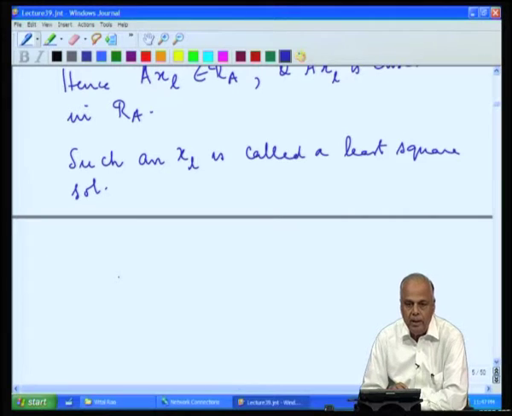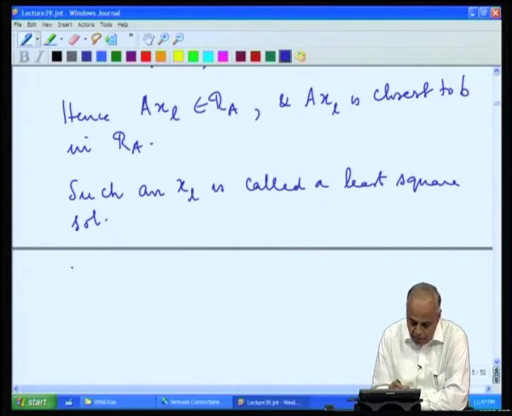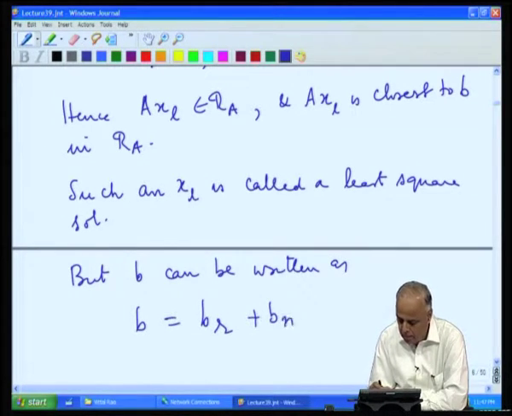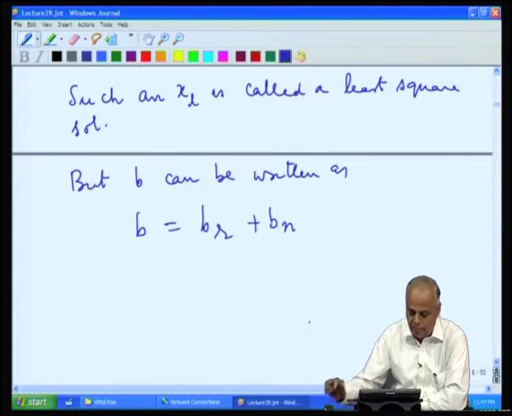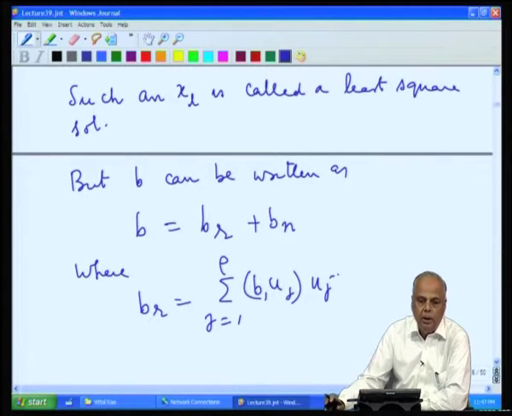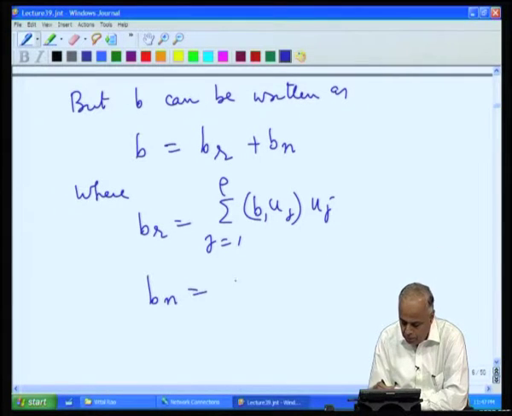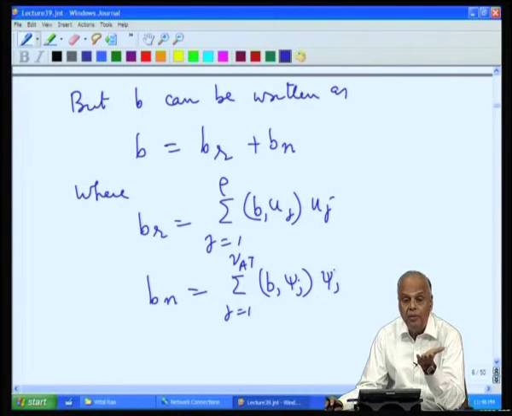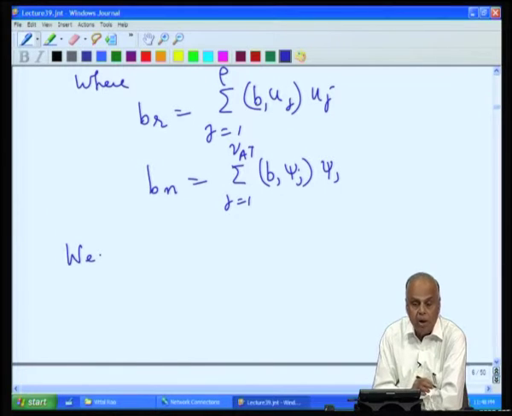We know that Ax_l gets closest to b and it is in the range of A, but b can be written as b equal to b_r plus b_n, where b_r is the projection of b onto the range of A. So, we write b_r, that projection, as sum over j equal to 1 to rho of <b, u_j> u_j, and b_n is the projection of b on the null space of A. Now, we know that the vector in the range of A which is closest to b is given by b_r, which we have seen while studying the orthogonal projections.